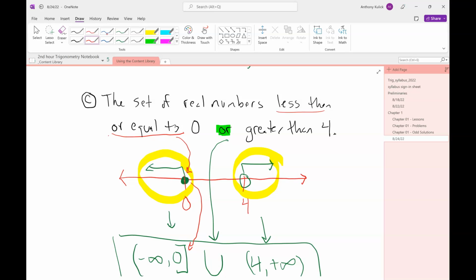That's why we got a bracket there. But the other one, greater than 4, doesn't include 4. So we used the open circle there, which meant it gets a parenthesis down here. Does that help connect those? Yeah. Okay.